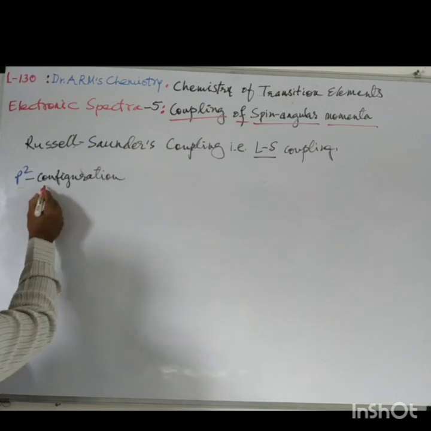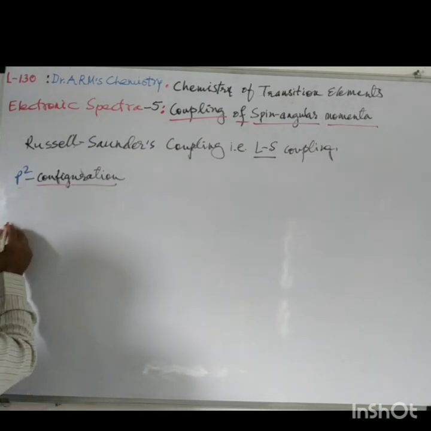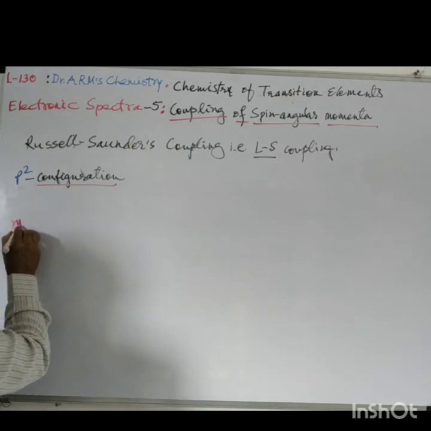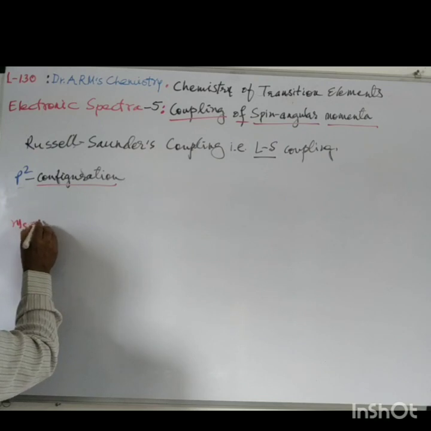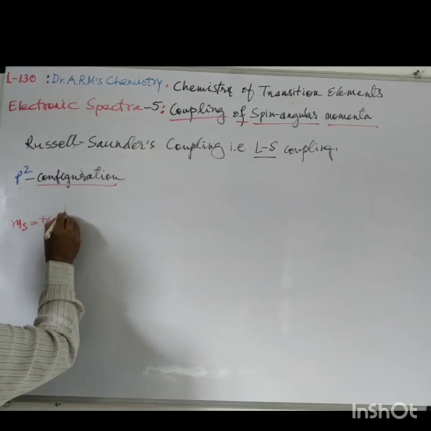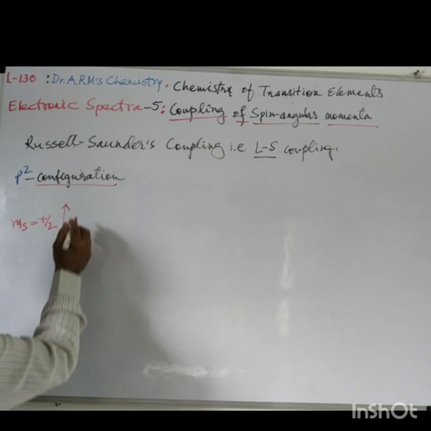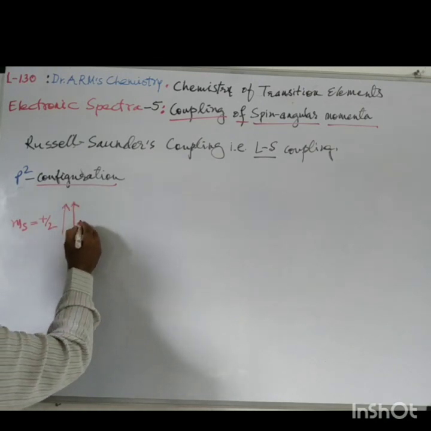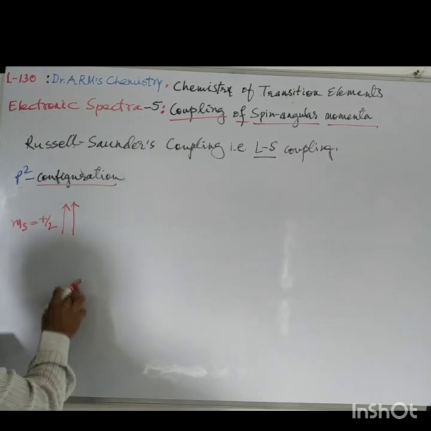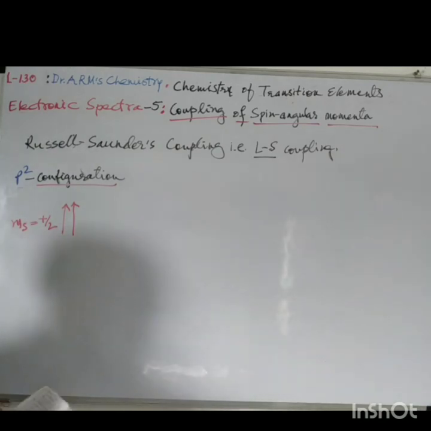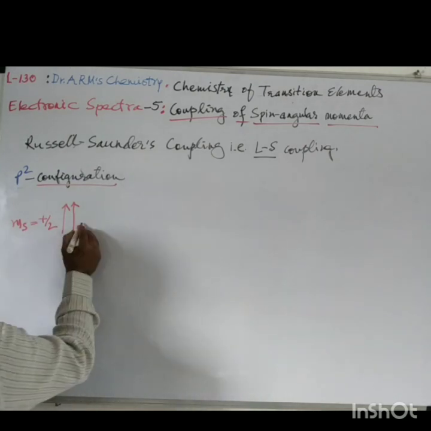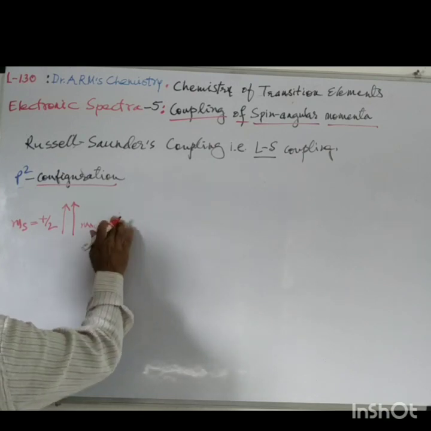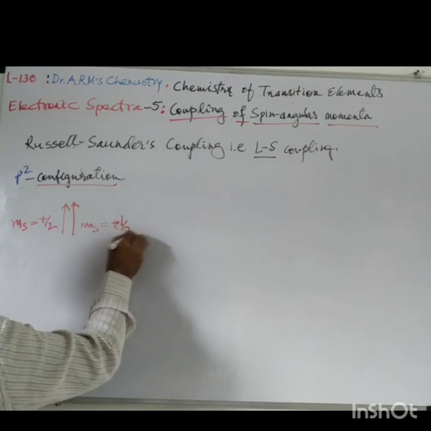For this p2 configuration, we have here the ms value plus 1/2. This is shown with an arrow, and another electron, we are considering here only the spin, means ms values, so this another electron with ms plus 1/2, same spin.